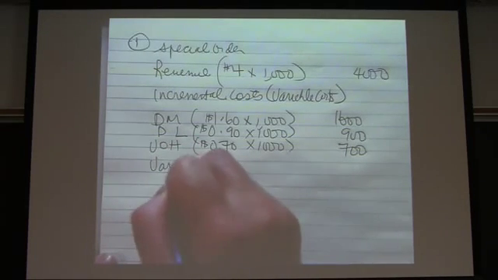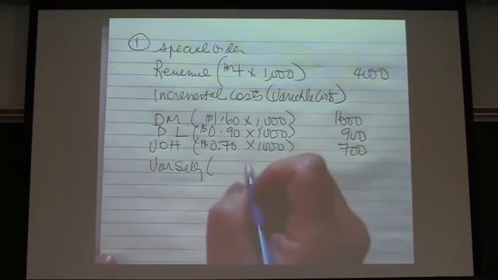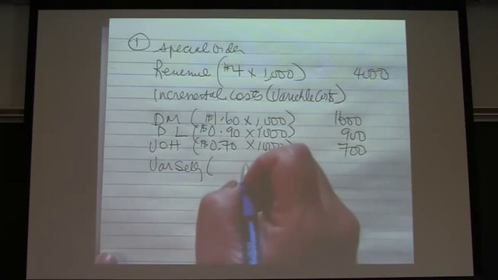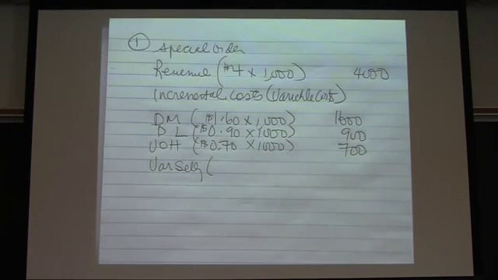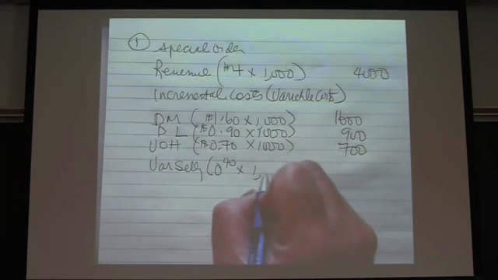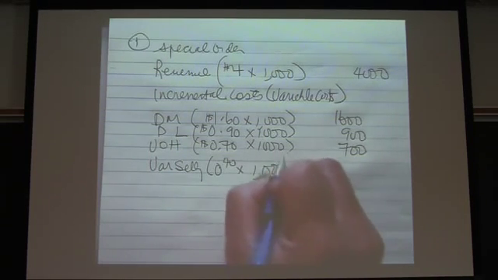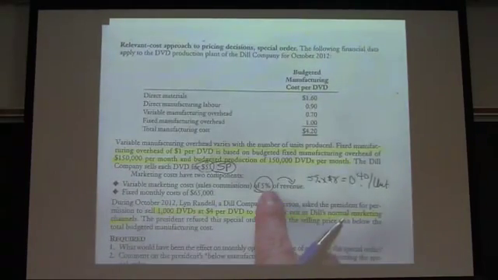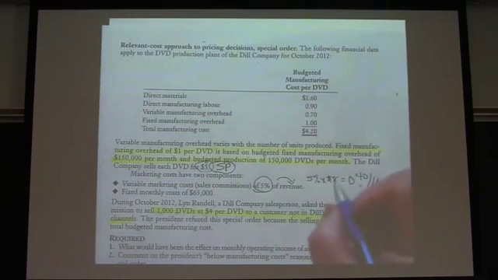And variable selling, it should be 40 cents times 1,000, right? Does that make sense? Am I doing this wrong? Well, we calculated it, right? It's 5% of revenue. Oh, but revenue isn't $8. I don't know where I got my $8, first of all.